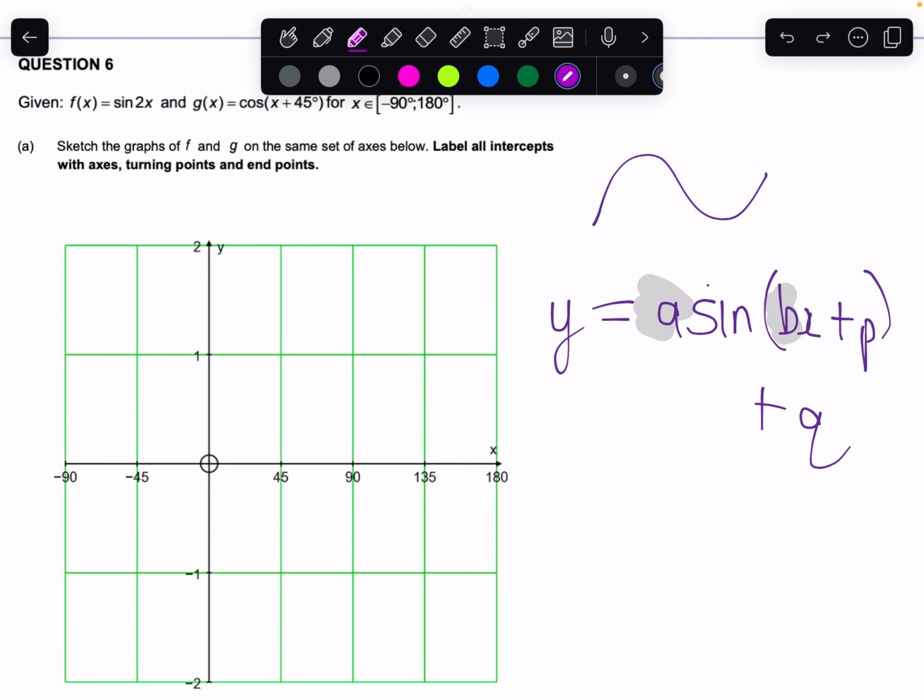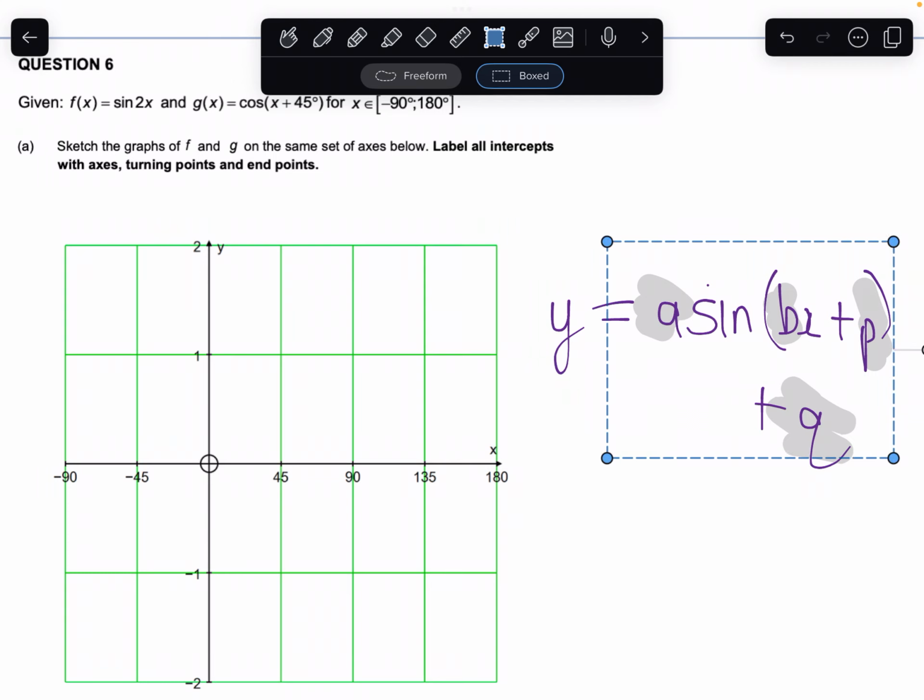So that's the impact of that one. This one is in charge of shifting horizontally, so your graph will look like that maybe, or like that. And then the last one is in charge of vertical shifts, so your graph moves up or your graph moves down. Okay, so it's important to know those things offhand, right?